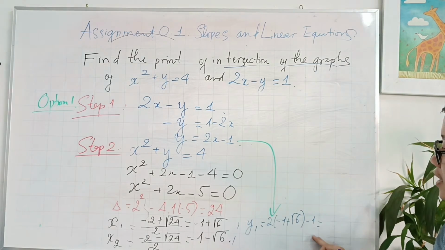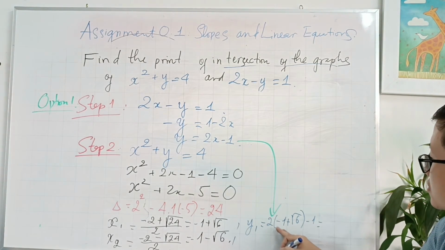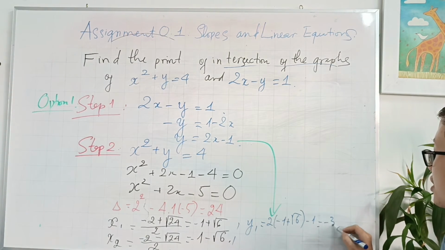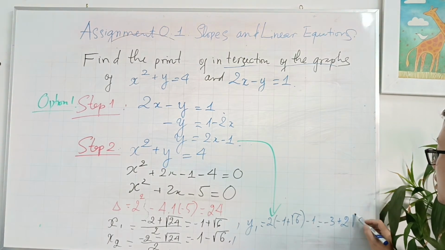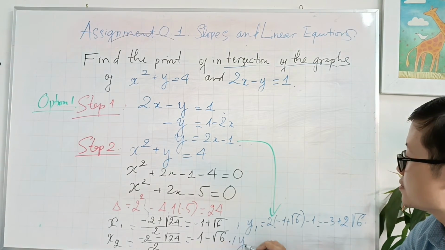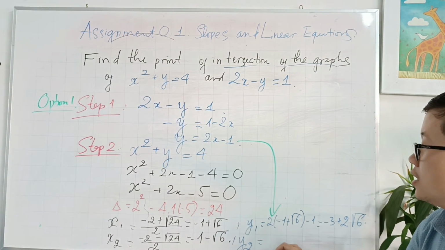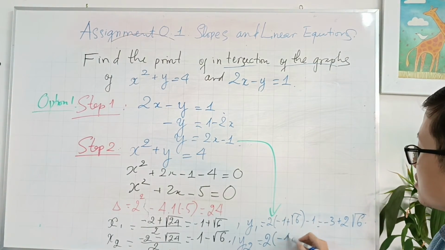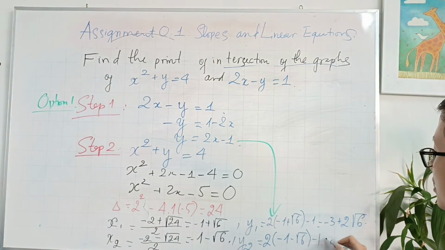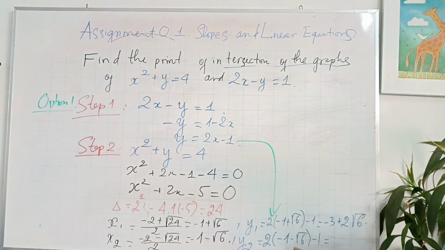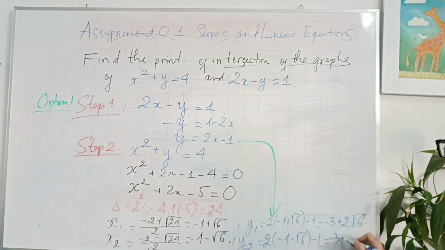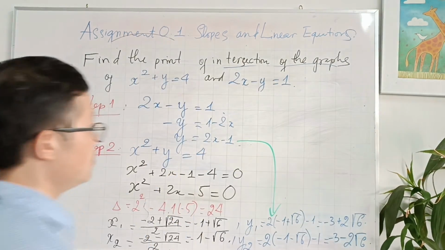And the last answer is negative 3 plus 2 square root of 6. And we have y2 is 2x minus 1. It is negative 3 minus 2 square root of 6.